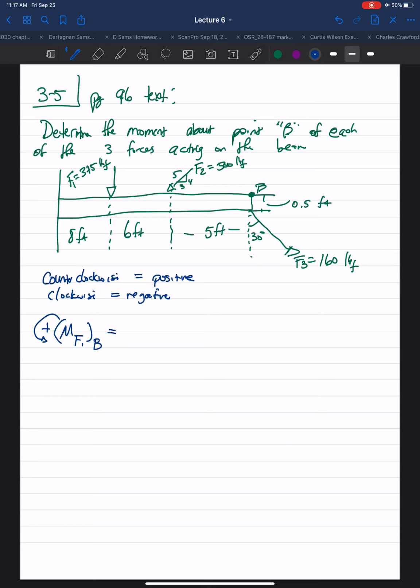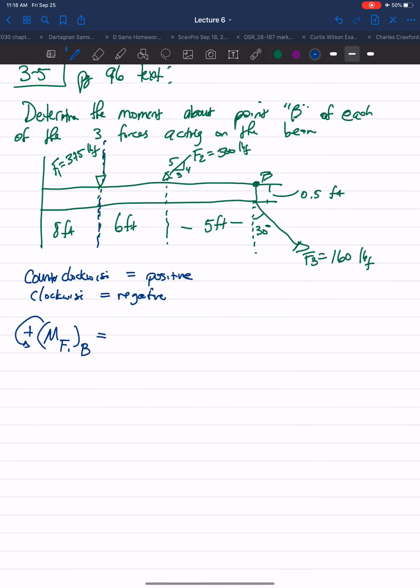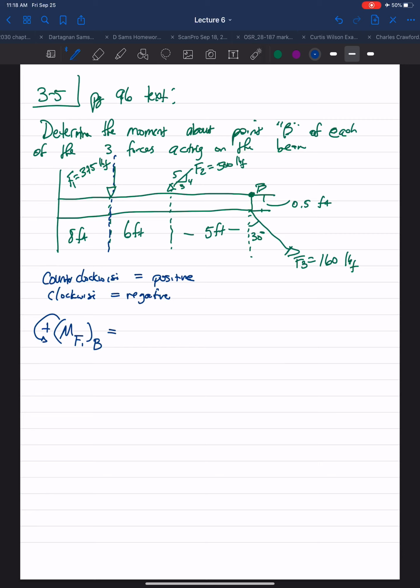So this is my line of action of force F1, and it's perfectly vertical. What is the perpendicular distance between F1 and B? Let's write it out. So remember we said magnitude of the moment is force times perpendicular distance. So there's 375 pounds force, which is the value of F1.